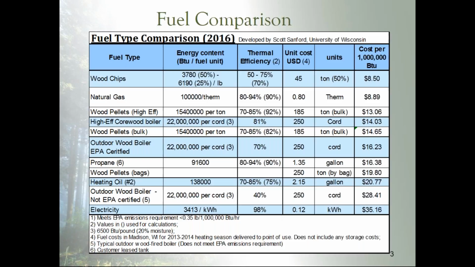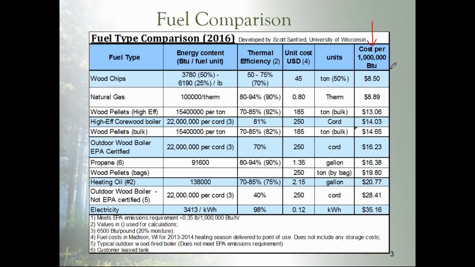So the first thing when we're looking at a project is to see if it makes sense from a wood or fuel source standpoint. The chart I've got in front of me is something I put together to compare fuel costs, and the last column is the most important one, because it equalizes everything into a million BTU basis.